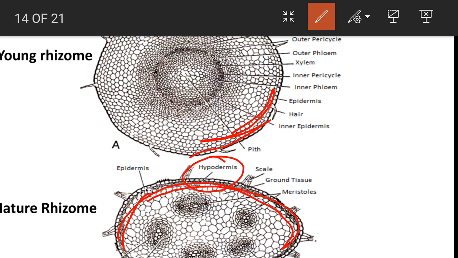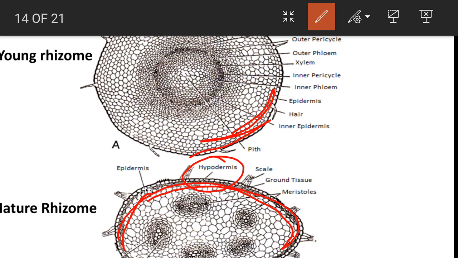The stellar portion of the plant varies from species to species, or in the same plant itself it varies from one age to another age. That means when the rhizome is young, at that time we are going to find one type of stele, but when the rhizome gets matured later, the one type of stele gets converted into another stele.